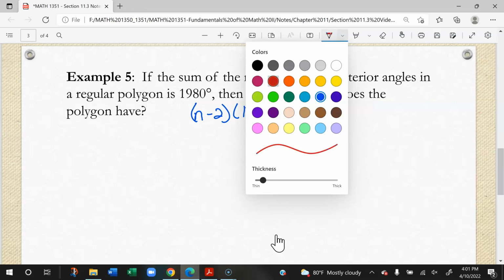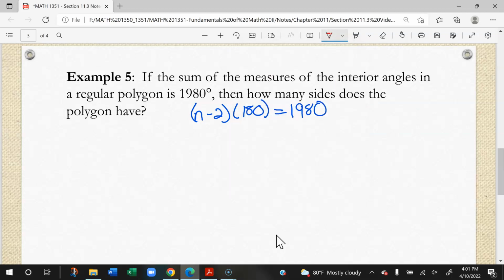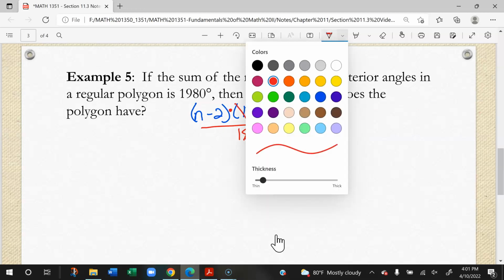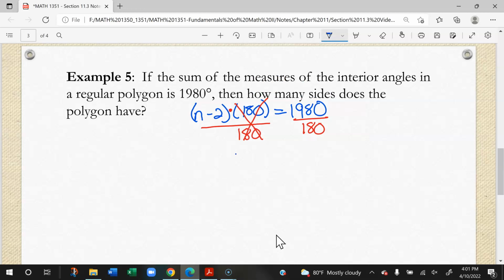We have to do a little bit of algebra. We undo the multiplication first, so we divide both sides by 180. That way those divide out, and we are left with n minus 2 on the left side. 1,980 divided by 180 gives us 11.